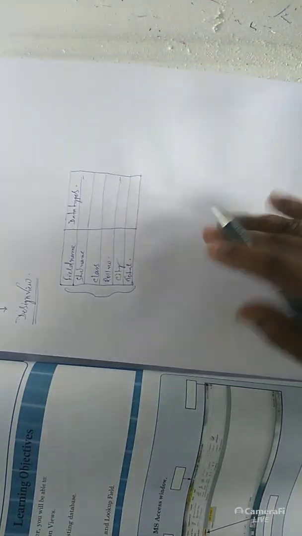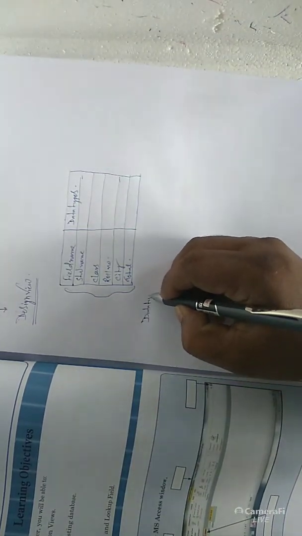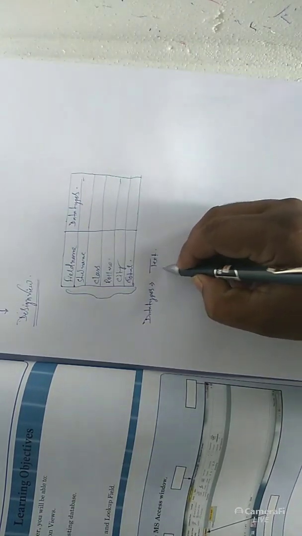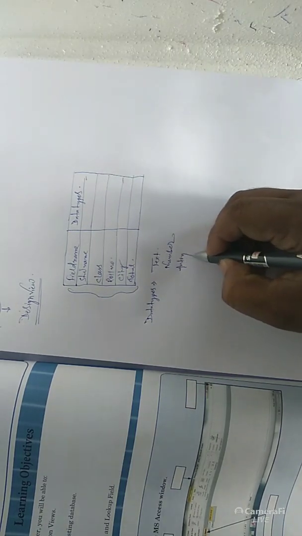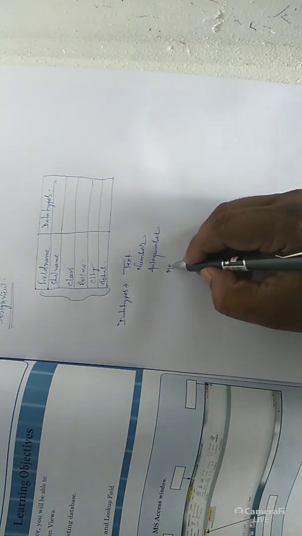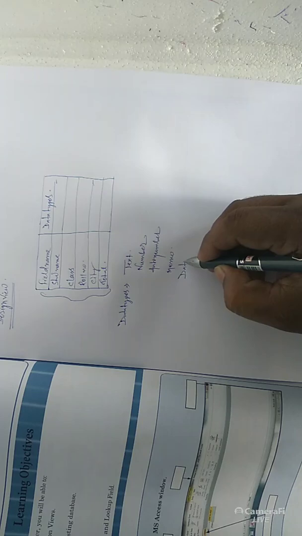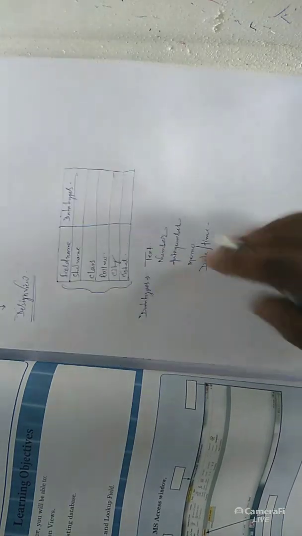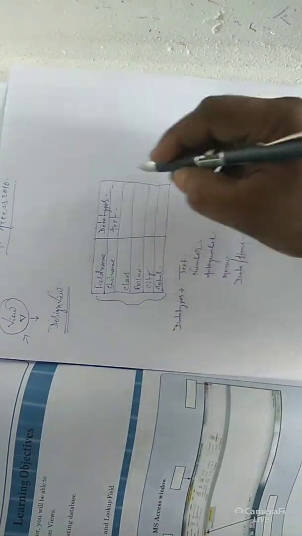I already told you in the first class there are many data types, like text, number, auto number, memo, date and time, yes or no. There are many. Suppose the student name is text.